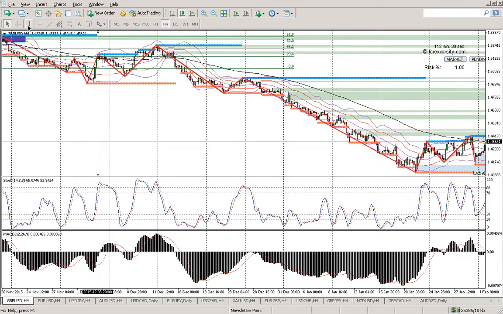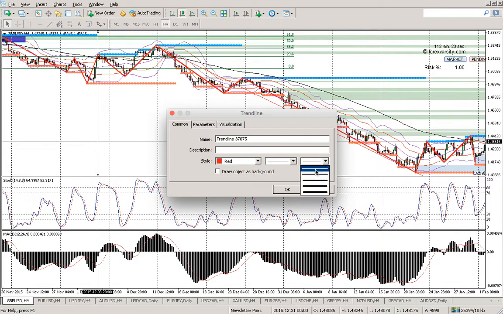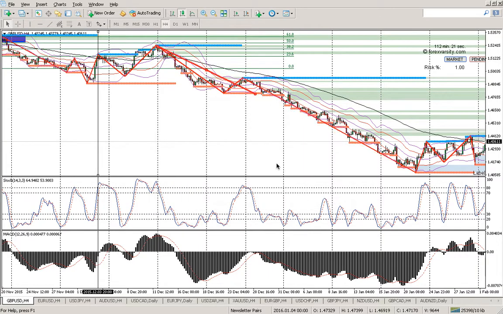So look here, we entered over here, all the way at the top there, and I only would have exited over here.